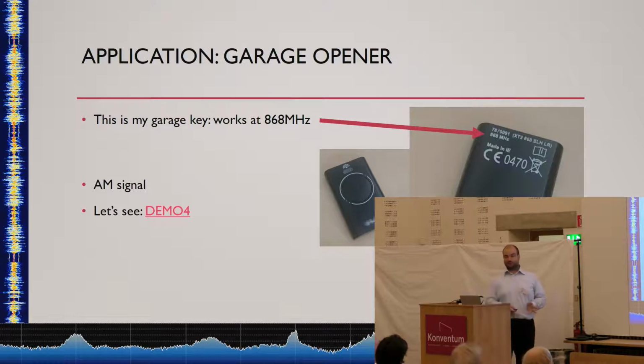And that was the only information I had about this device. I had no manual, nothing about it. And what I'm telling you now is something that I discovered later while listening to what the device sends. I discovered that it's an amplitude modulated signal and it's a digital signal.